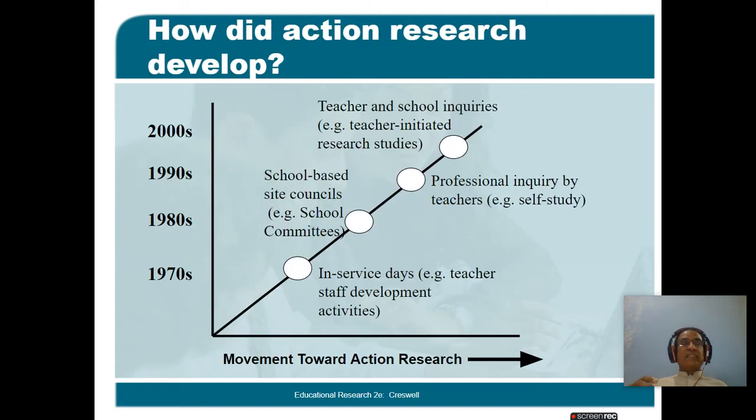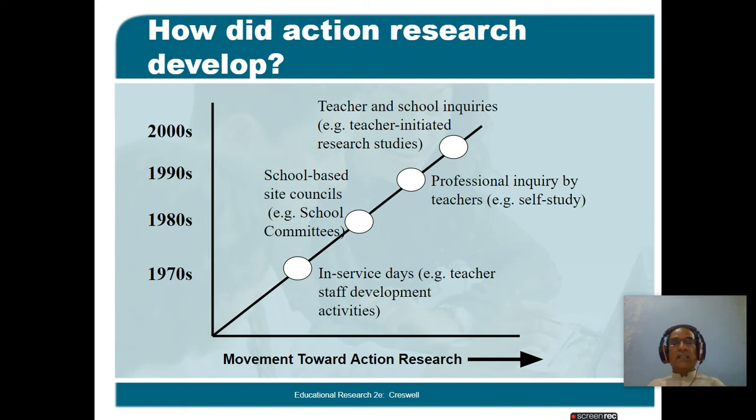How did action research develop? Mostly action research started in 1970. In that era, in in-service days, teacher staff development activities, most of the action researchers conducted the research. In 1980, school-based councils conducted action research.